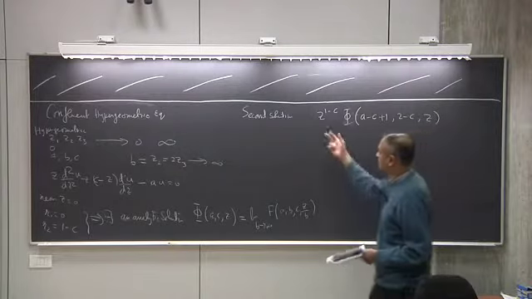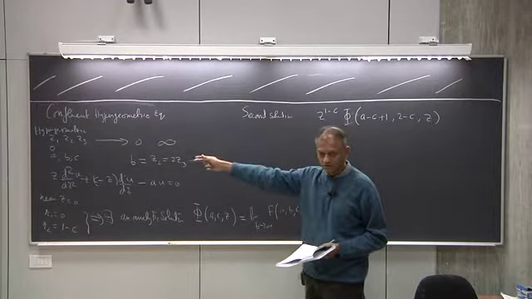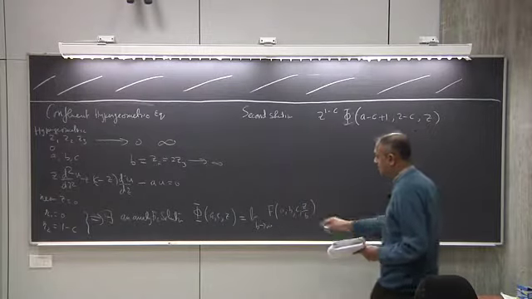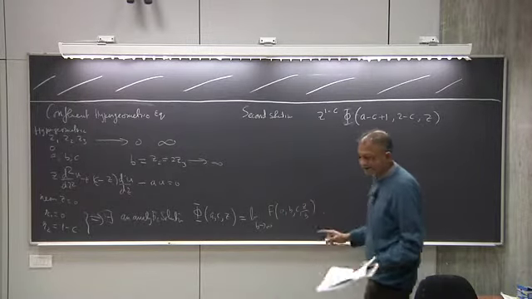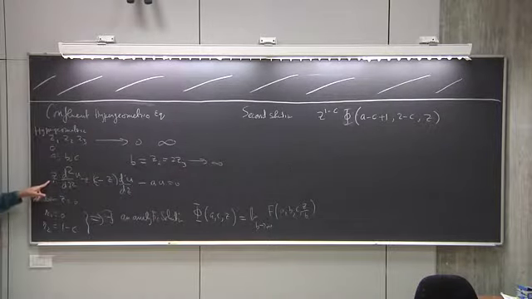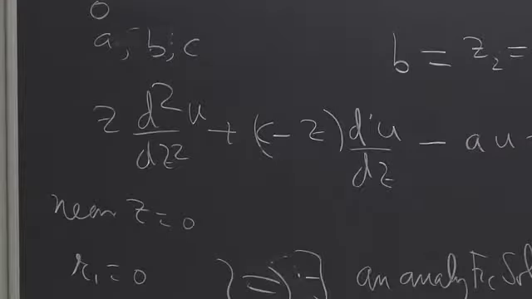Of course, any linear combination of these is also a solution to that equation. Now, the important point: going back here, there are only two singularities for this equation, z equal to 0 and z equal to infinity. At z equal to infinity, of course, it is irregular, but z equal to 0 is a regular singularity.